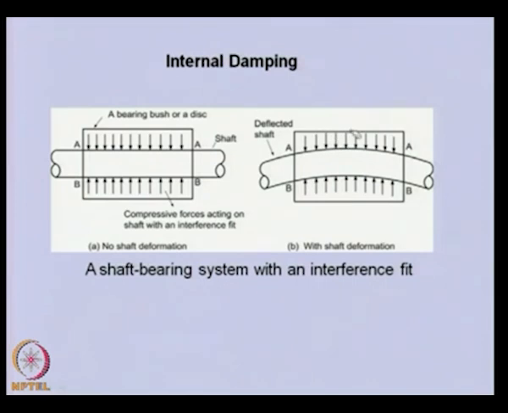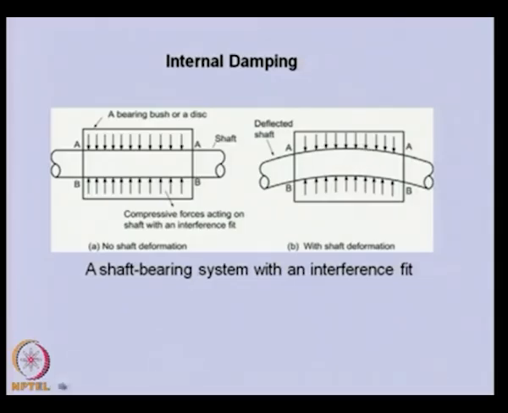These forces will resist that particular motion, extension or contraction of the shaft, and this gives internal damping between two mating parts having some kind of interference fit.